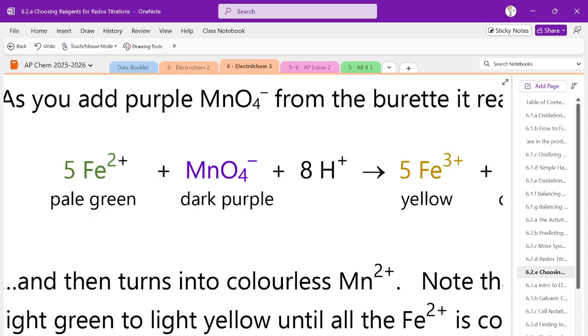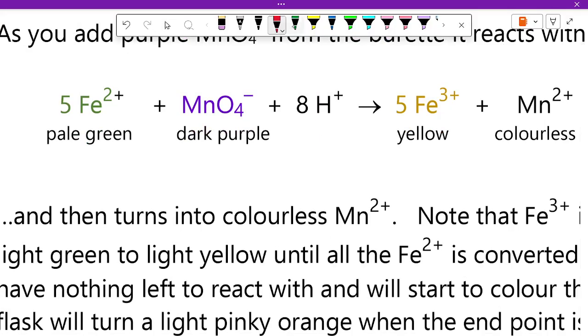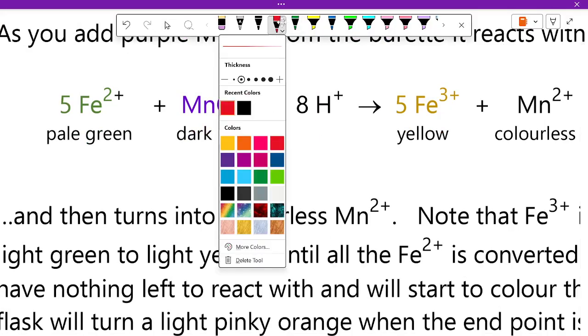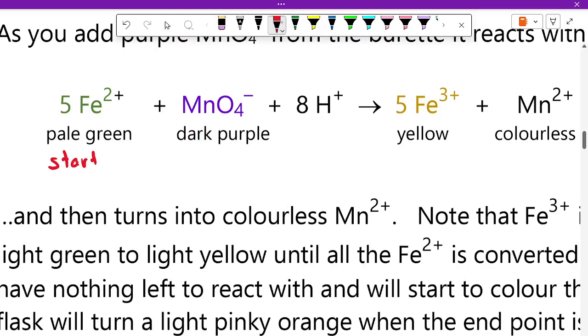So the solution starts green, and then what happens is you drip in the dark purple and swirl it around, and later on you start to get some yellow. So it will finish yellow.